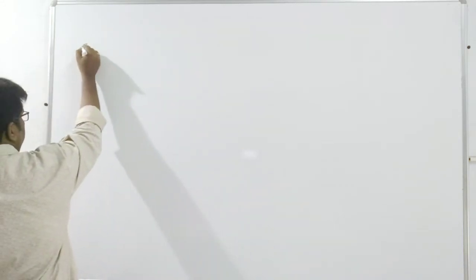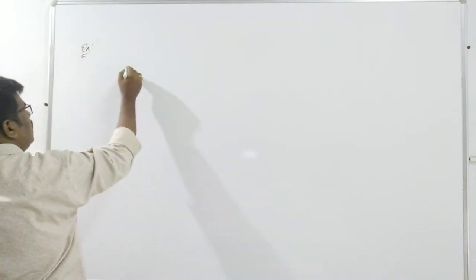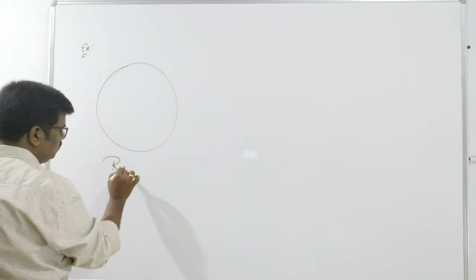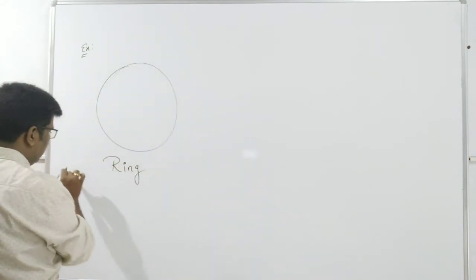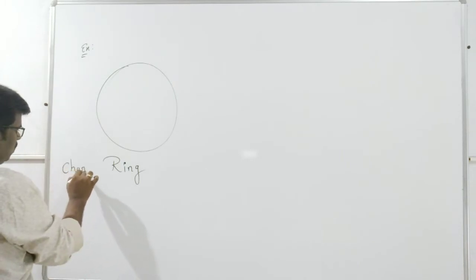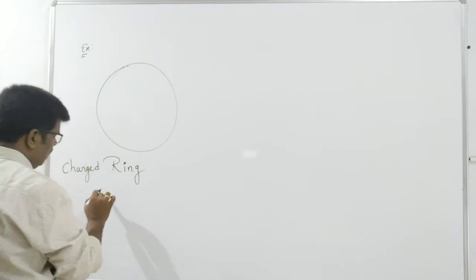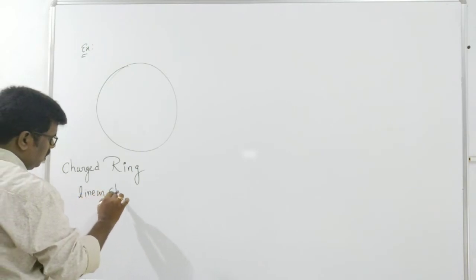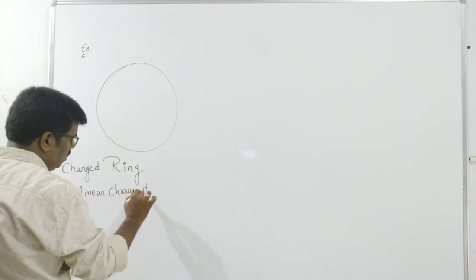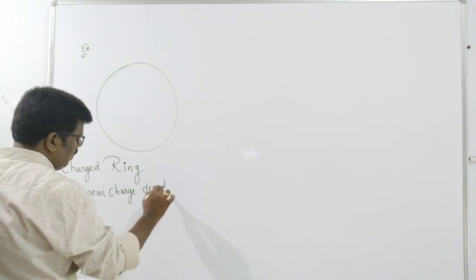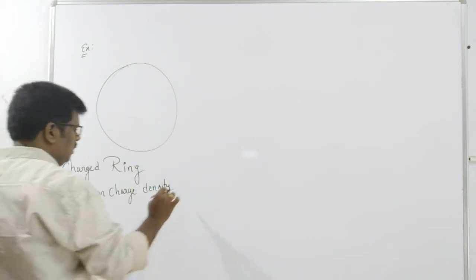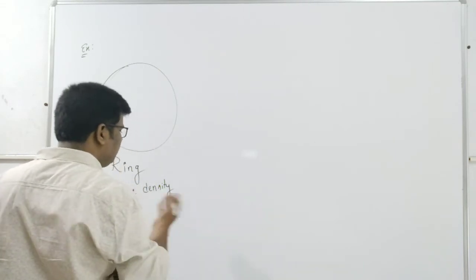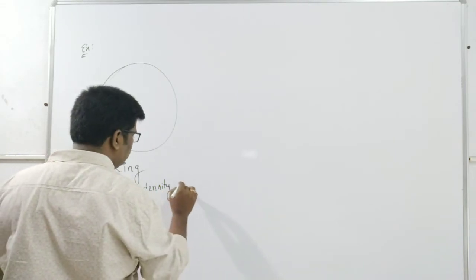Here I have a charged ring, and the linear charge density of this ring is lambda, because the ring is a linearly charged body, so lambda.